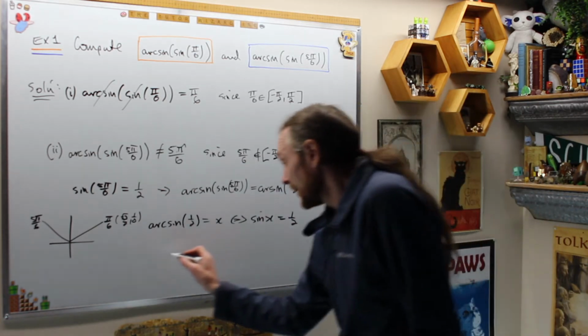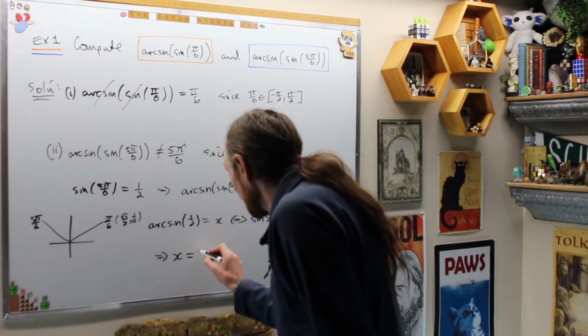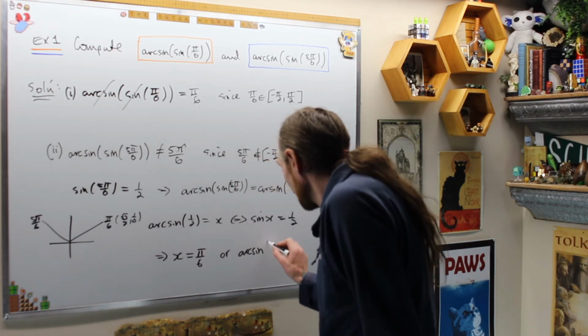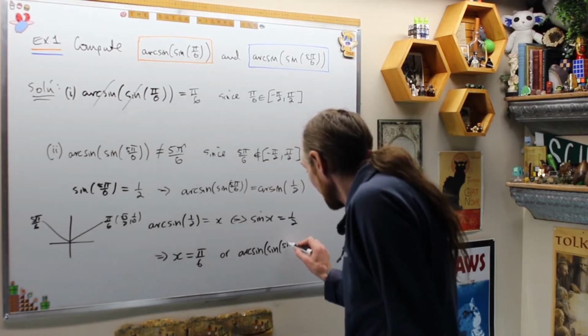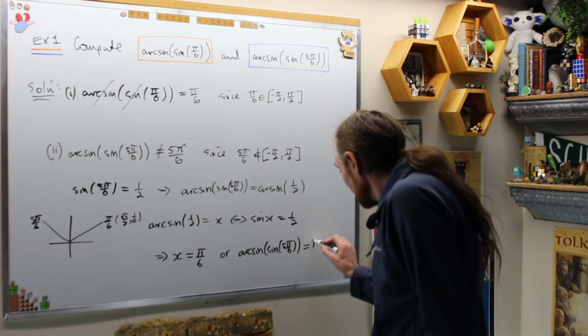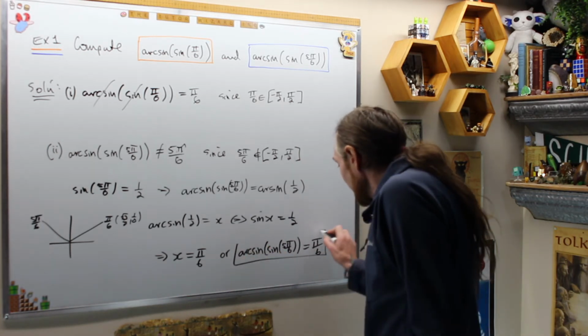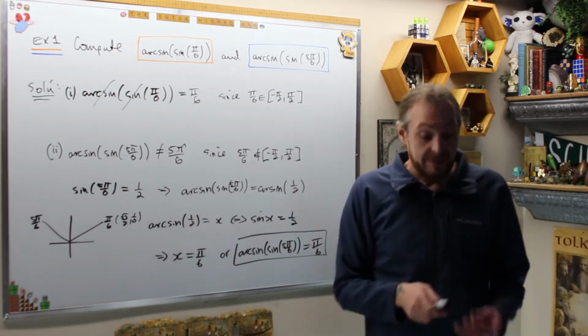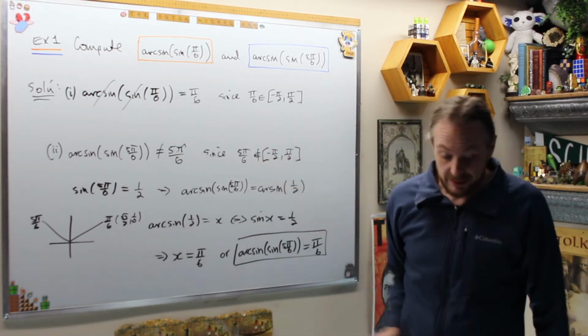And so x is pi over 6, or arcsine of sine of 5 pi over 6 is equal to pi over 6. You can't just cancel unless the value is in the respective domains. Okay, let's do the next one.